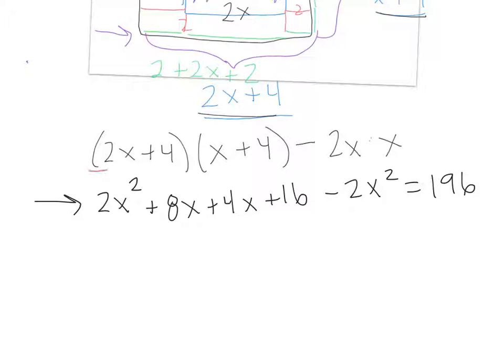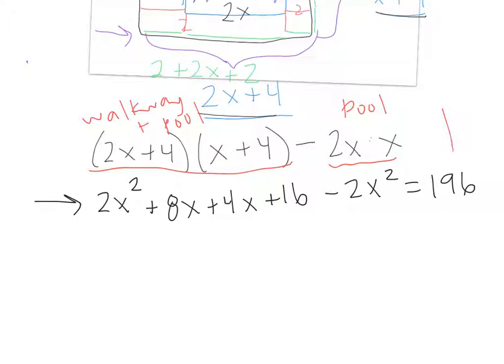Because I took the area of my walkway plus pool, and subtracted the area of the pool. So I could even write above pool, and this is walkway plus pool. And that will leave me with the walkway, which we also know is 196 square feet.